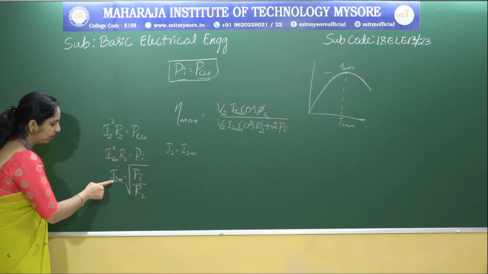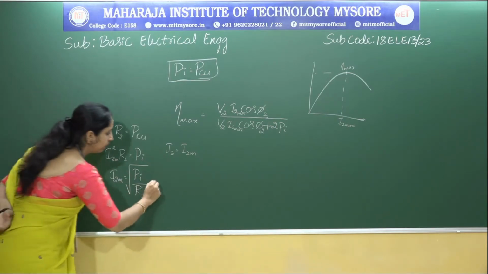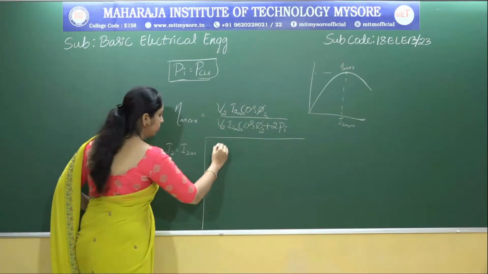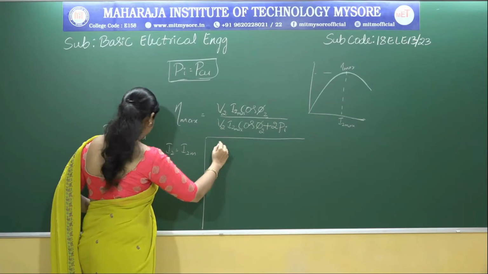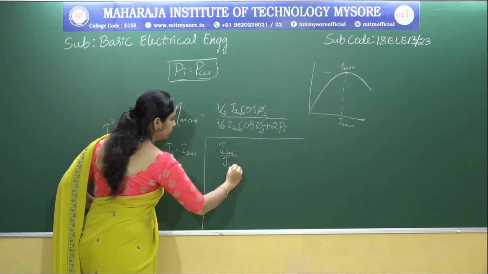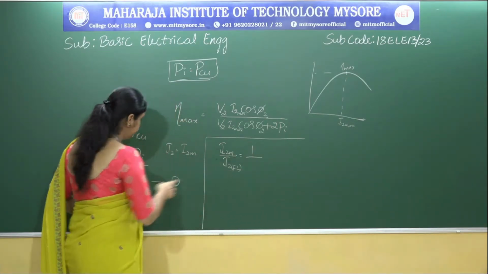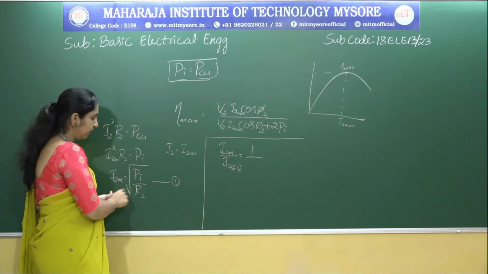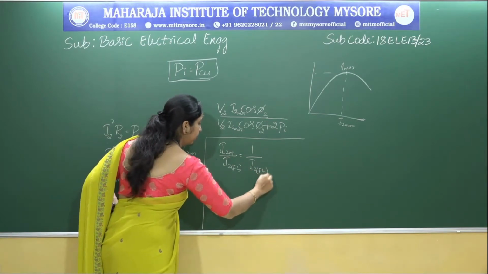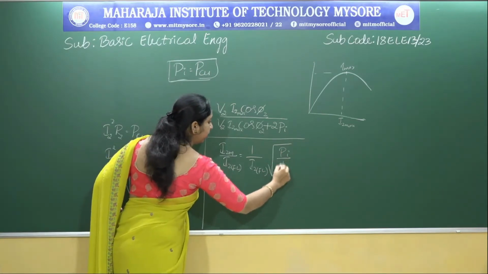Now I am going to divide both the left hand side and right hand side of this equation. Before that, let us call this equation 1. Now divide equation 1 by I2 full load. That means I2M divided by I2 full load is equal to square root of Pi divided by R2, divided by I2 full load, because I am dividing both sides by I2 full load.